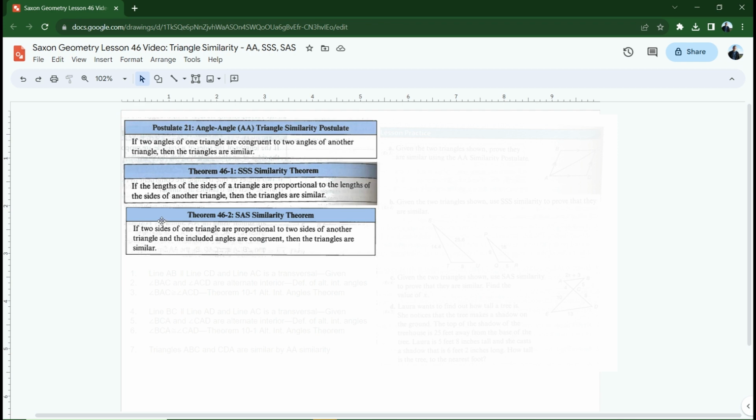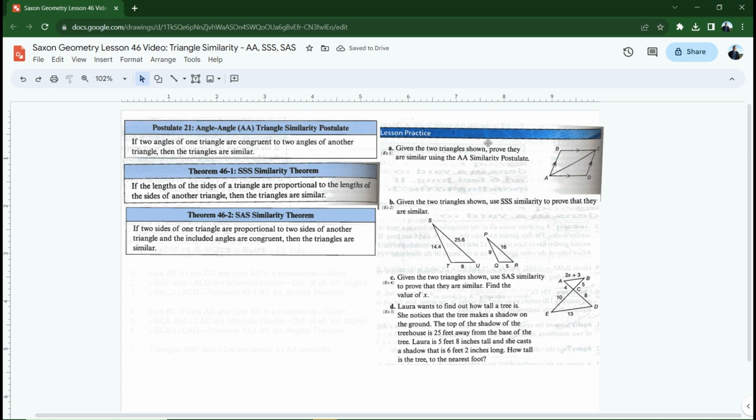Okay, so keep that in mind. If two sides are proportional for two triangles, but the included angles between those two sides are the same, they're congruent, then the triangles are similar. All right, and again, we're talking about similar triangles, not congruent triangles. So we have to have proportional sides and the same included angle.